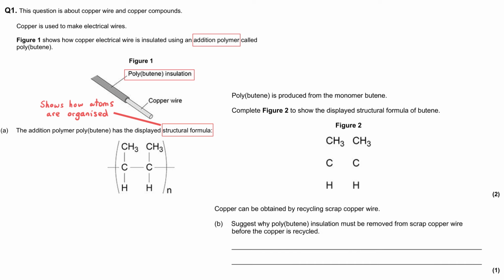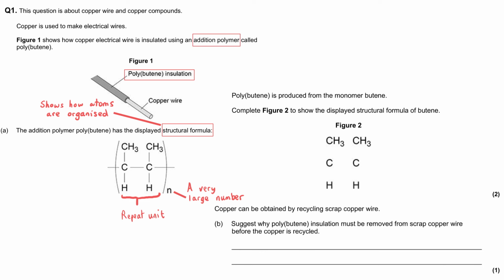And you can see that there are some features of the polymer that are common to all polymers. First of all, you have something inside some rounded brackets, and this is referred to as the repeating unit of the polymer. And that's the bit that repeats again and again and again. How many times? Well, n times, where n is a huge number, hundreds, thousands maybe, of this repeat unit.